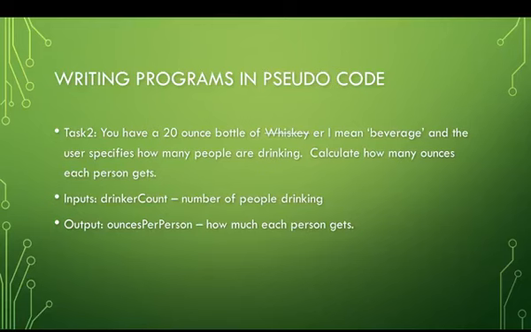And if we look at this problem, basically the input is we have to get the number of drinkers, the drinker count, from the user. And then our output will be the ounces per person. That's how much each person gets. And then we have another value that's a constant. It's not going to change. And that's the fact that we have a single 20-ounce bottle of our beverage. Okay, so that we'll use a constant for that.